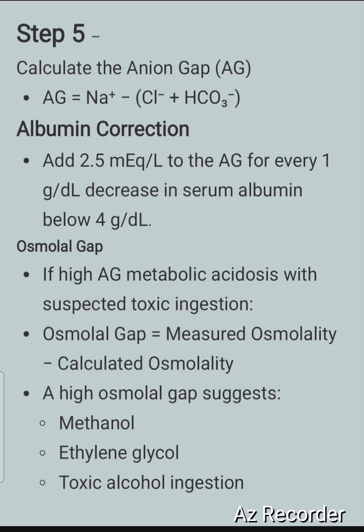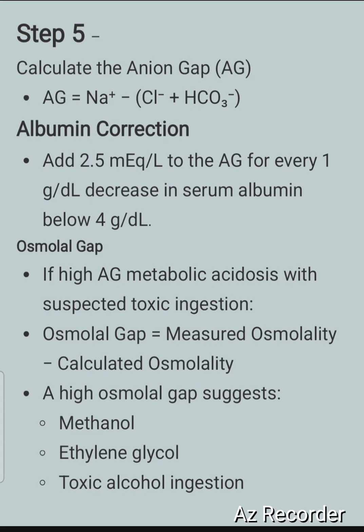In step 5, calculate the anion gap. Anion gap is equal to sodium minus chloride plus bicarbonate. Albumin correction: add 2.5 milliequivalent per liter to the anion gap for every 1 gram per deciliter decrease in serum albumin below 4 gram per deciliter.